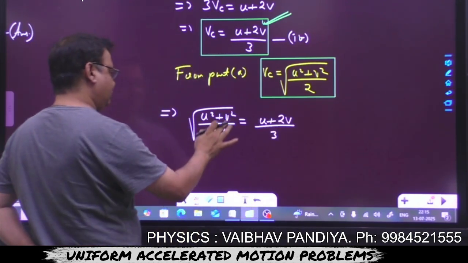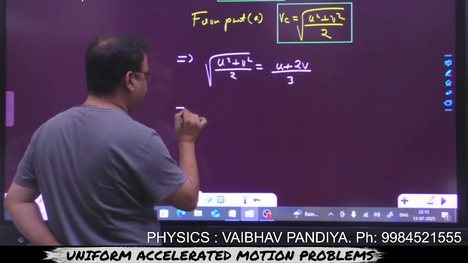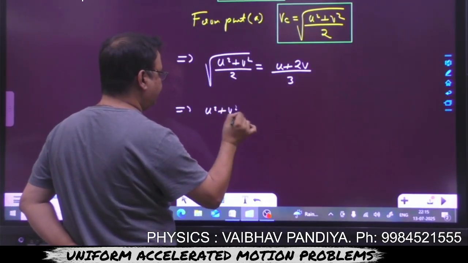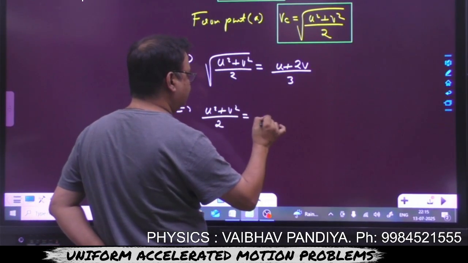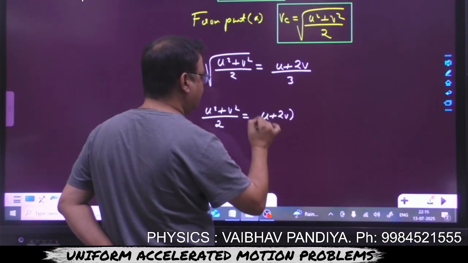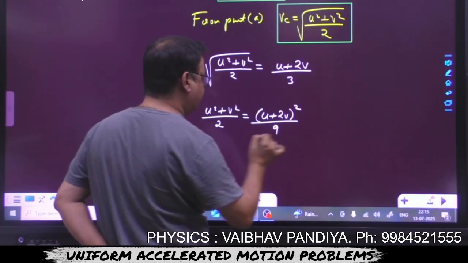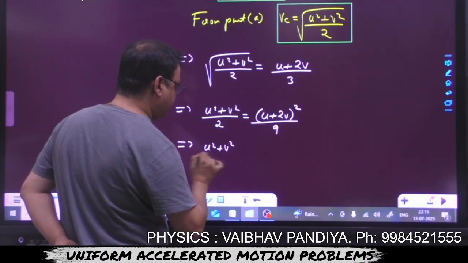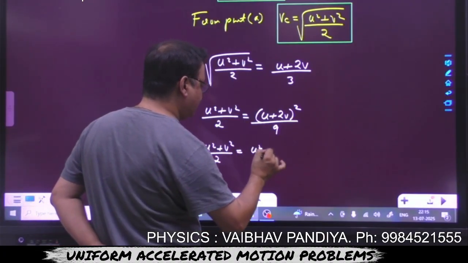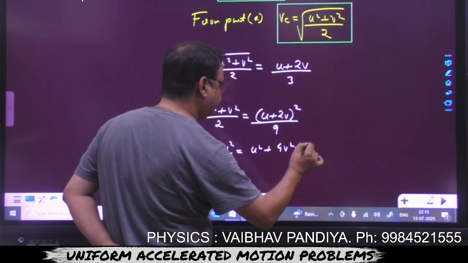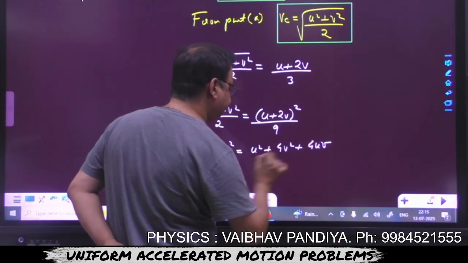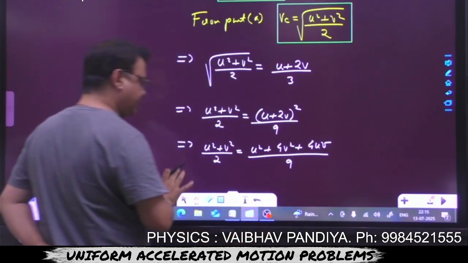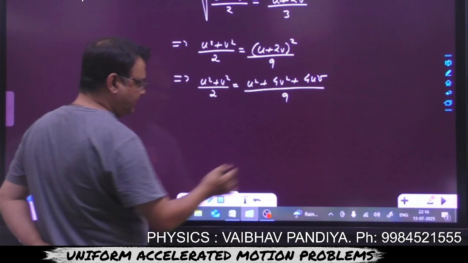So equating both sides, you will get U square plus V square by 2 as U plus 2V whole square, and 3 square will be 9. So you will get U square plus V square by 2 as U square plus 4V square plus 4UV divided by 9, correct? You can cross multiply.